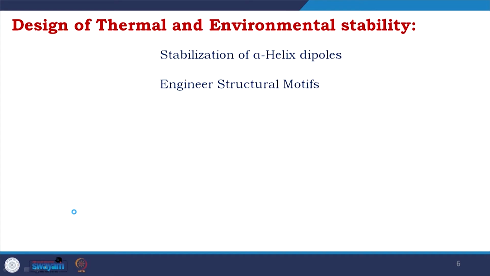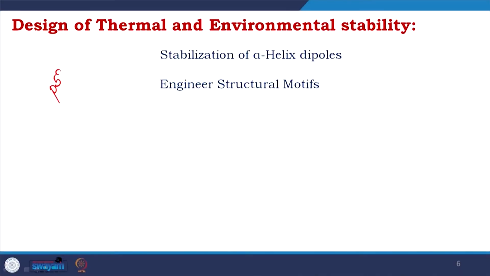You could engineer structural motifs, you could do very interesting creative engineering, you could make a protein oligomerize. A common strategy people use is the tetramer forming unit of the protein P53 and attach that to another protein.